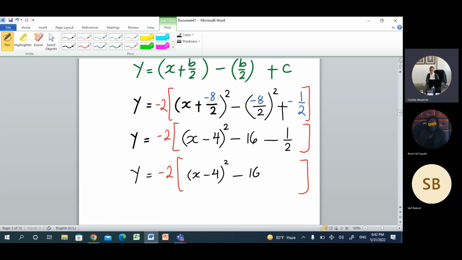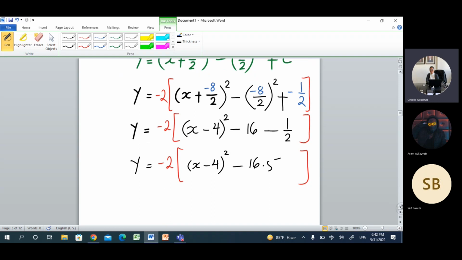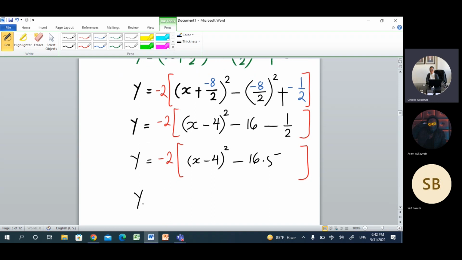So it's negative 16.5. To finalize our answer, we can just insert the negative 2 into the squarish bracket. So it will be negative 2 x minus 4 squared, and then the negative 2 times negative 16.5.